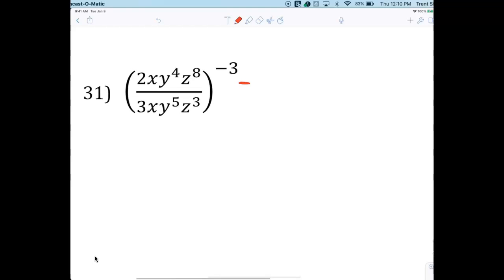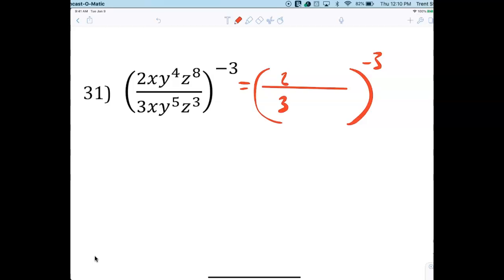Let's simplify first. Does anything happen to the 2/3? No. Good. Yes, thank you very much.